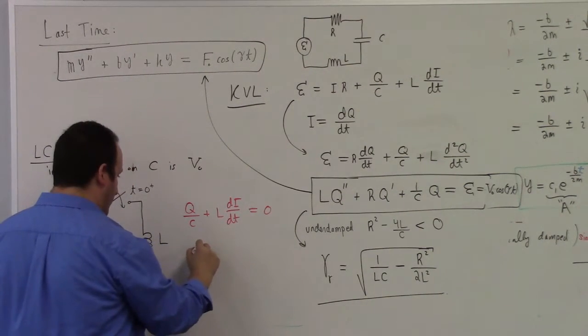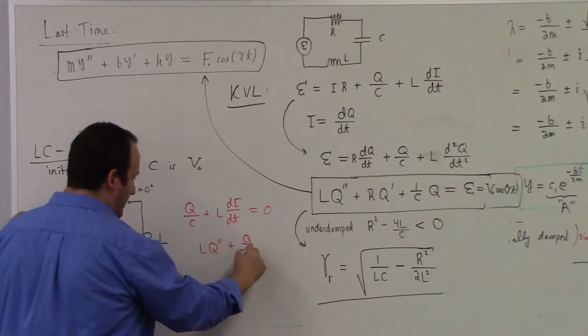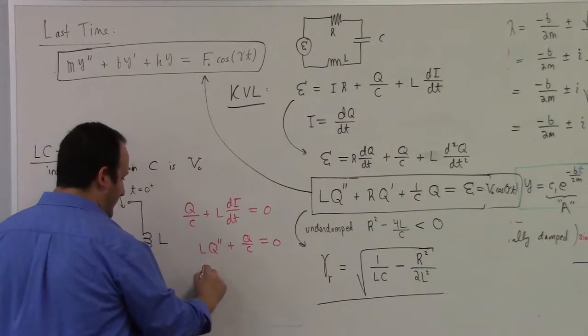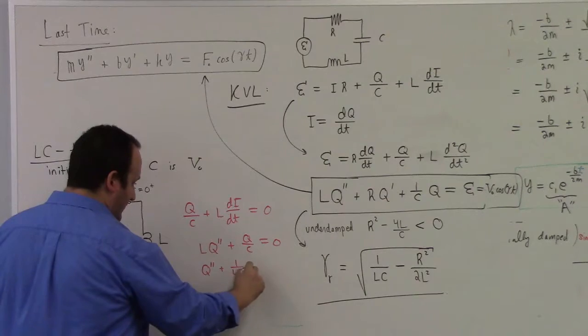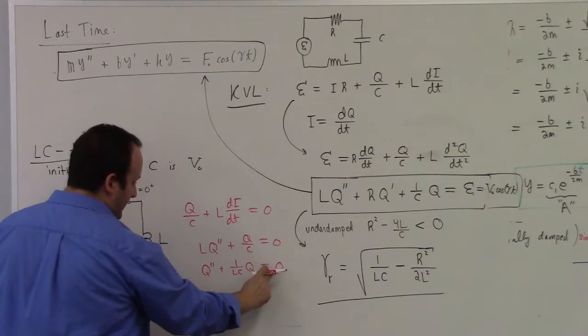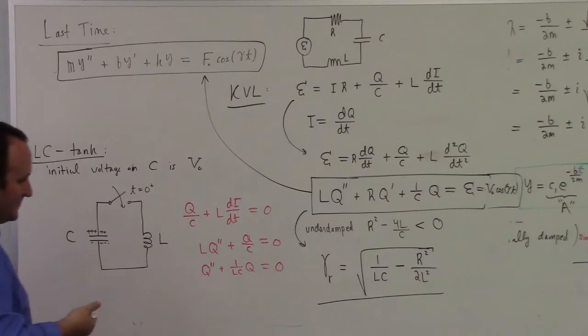In other words, L Q double prime plus Q over C equals 0, but I prefer to write that as Q double prime plus 1 over LC Q equals 0. So this is the case of a simple harmonic oscillator. There's no resistor in there, and the resistor dissipates energy. It loses energy for the system. There's no resistor, so we just keep going and going and going. That's why it's called an LC tank. It's like a tank. You put energy in it and it keeps it. It's an idealization, but there.